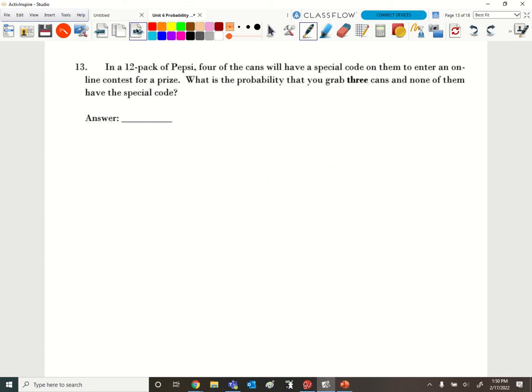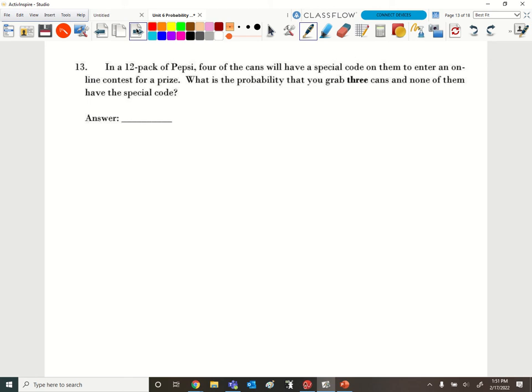13. Says a 12-pack of Pepsi. How many Pepsis are in the box? 12. Okay. I was dumbfounded because someone told me something else when I was going over this. So, 12-pack of Pepsi, there is how many in there? 12. There's 12. 4 of the cans have a special code to earn online contest for a prize.